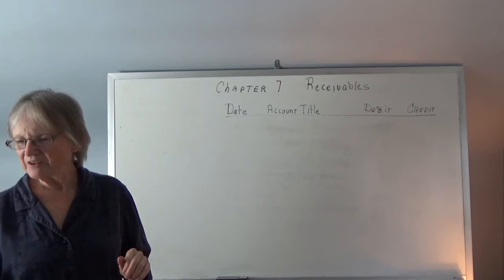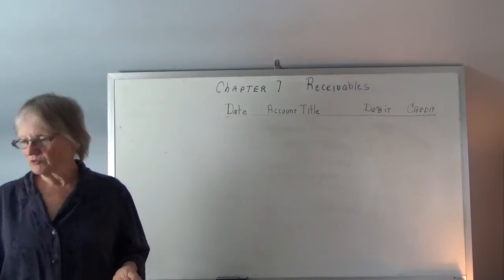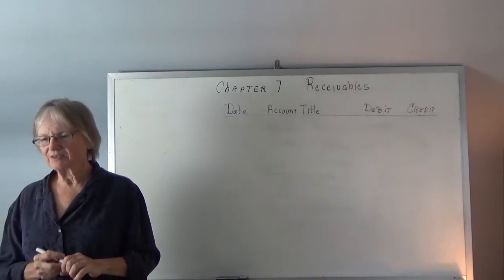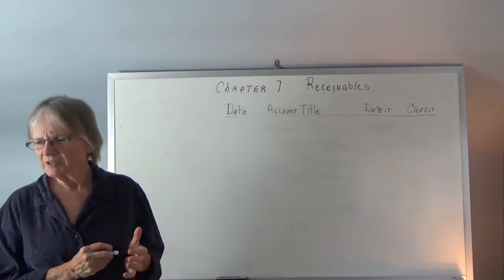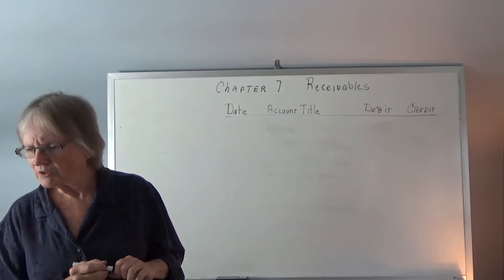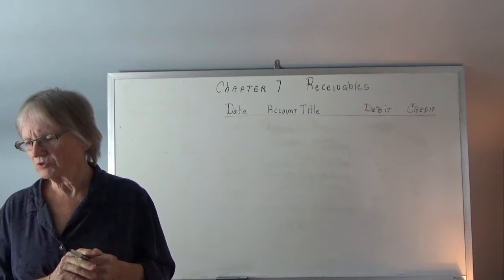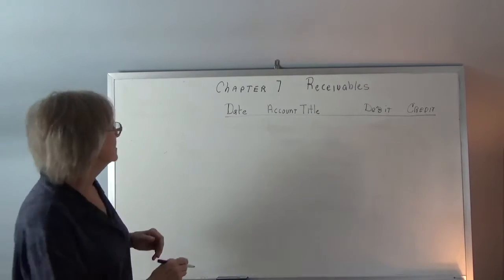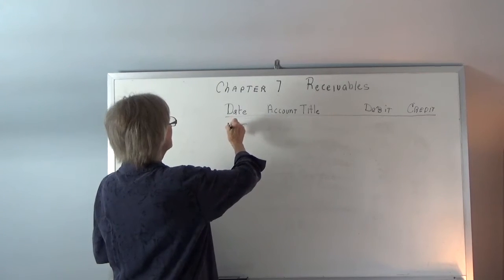Okay, so how do we get an accounts receivable? It generally arises from a sales transaction, and I'm going to just be using the example from the notes where it says on the 15th of January the company makes a sale on account for $120, net 30. So we'd say, okay, it's the 15th, we made a sale on account.